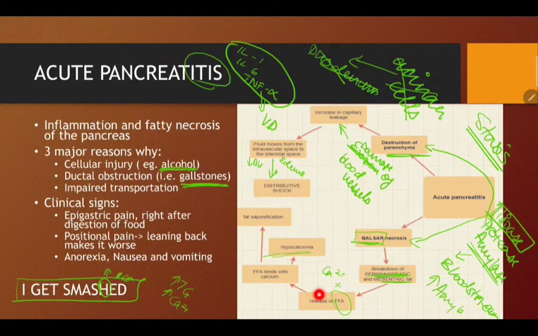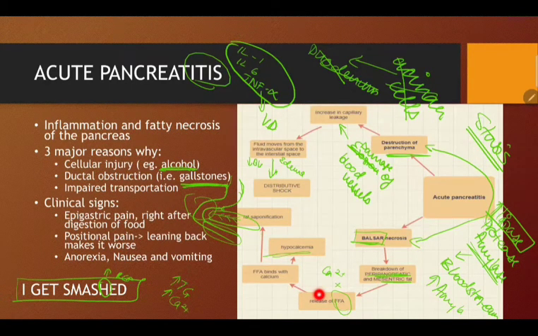Also, when there's so much inflammation in the pancreas, it might lead to compression or pressure onto the duodenum and the stomach, because the pancreas, I know, please bear with me, it is a bad drawing, but the pancreas is present and surrounded by the stomach, the duodenum, most of the small intestine.